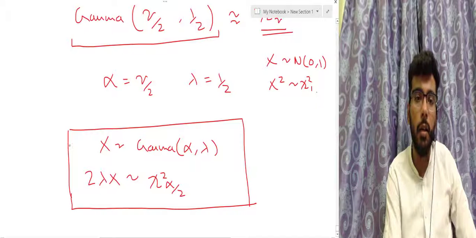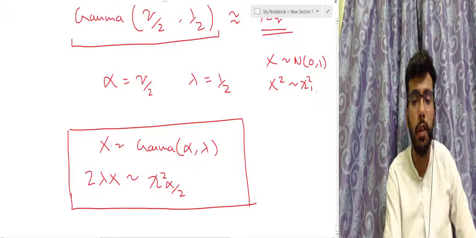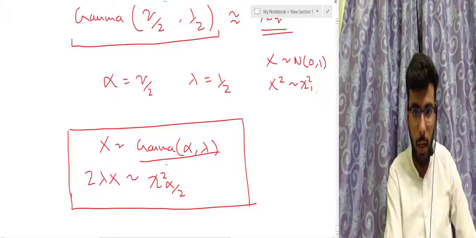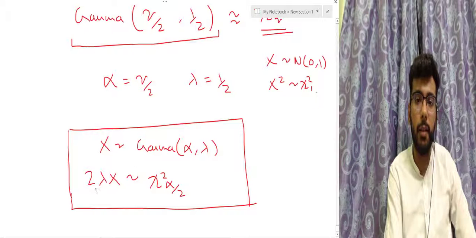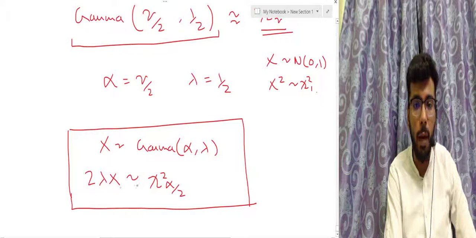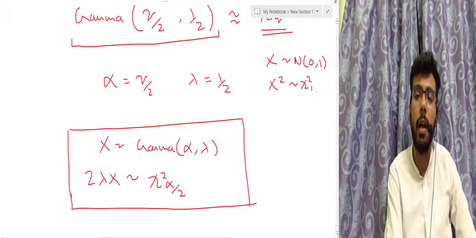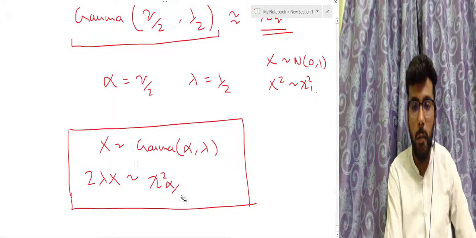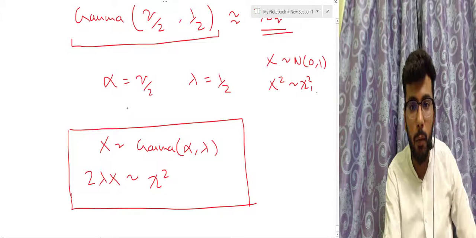The other way of expressing this relationship is this: when x follows a gamma alpha comma lambda distribution, then 2 lambda x, if I multiply x with 2 lambda, will have a chi-square 2 alpha distribution. I'm sorry, we have seen that nu is equal to 2 alpha here.